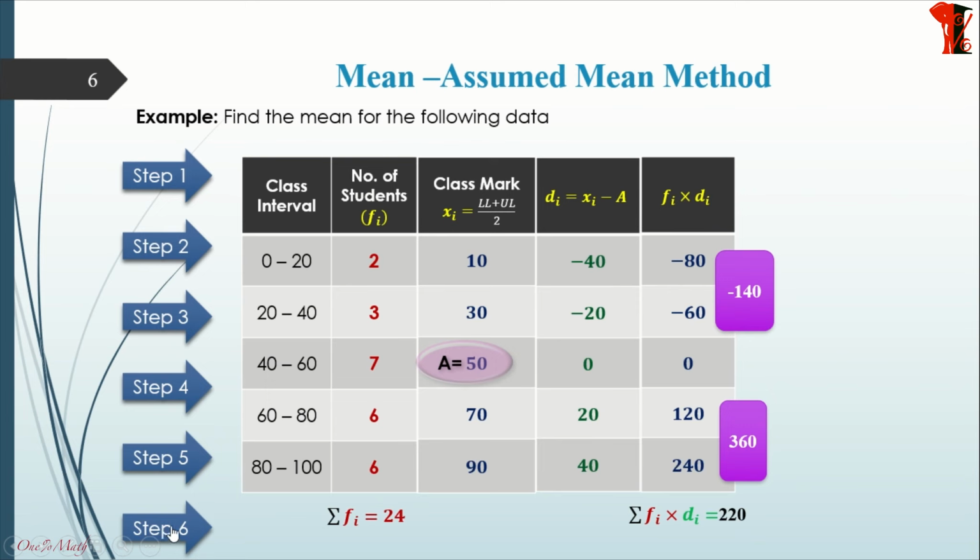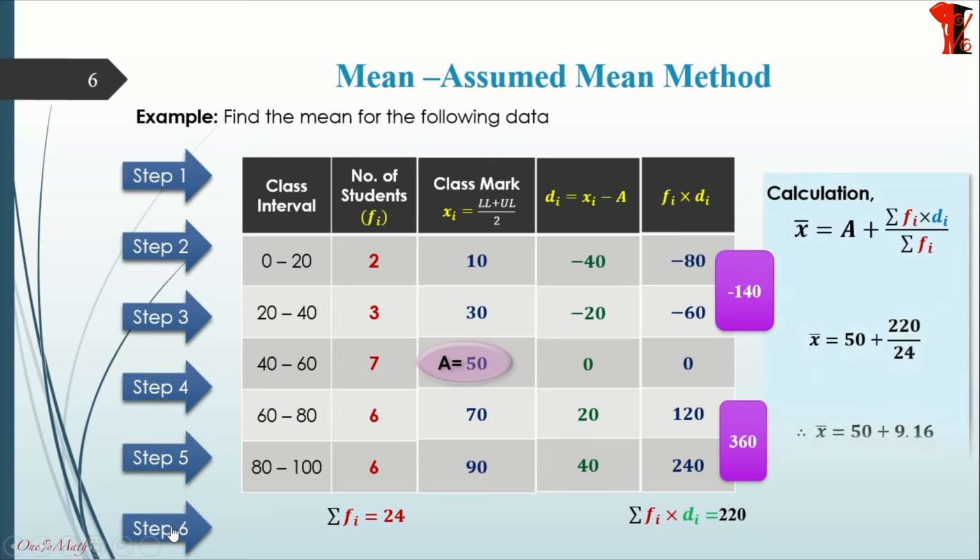Now we are going to use the formula. X bar, that means the mean, is equal to a plus sigma fi di by sigma fi. The assumed mean we marked from the table is 50, sigma fi di is 220, and 24 is sigma fi.